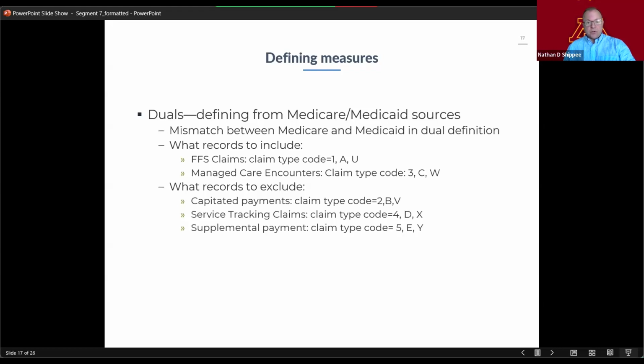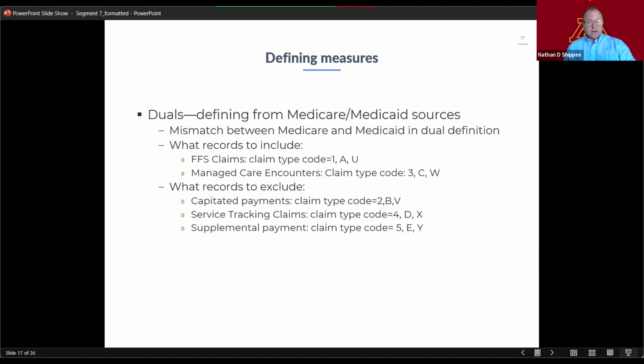What records do you want to exclude? What we're going to show you in a second is spending and some pieces in terms of the Medicare share of that. So what records should you exclude?